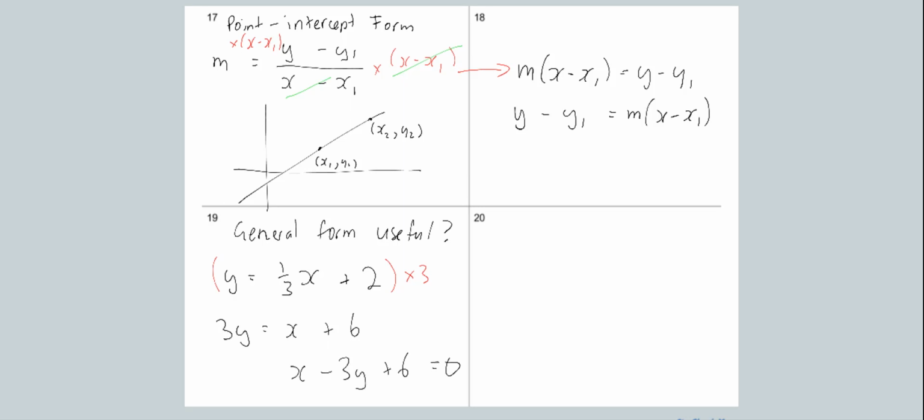So the point there is that general form allows me to remove any fractions from the equation if I'm then trying to do subsequent things with that equation.